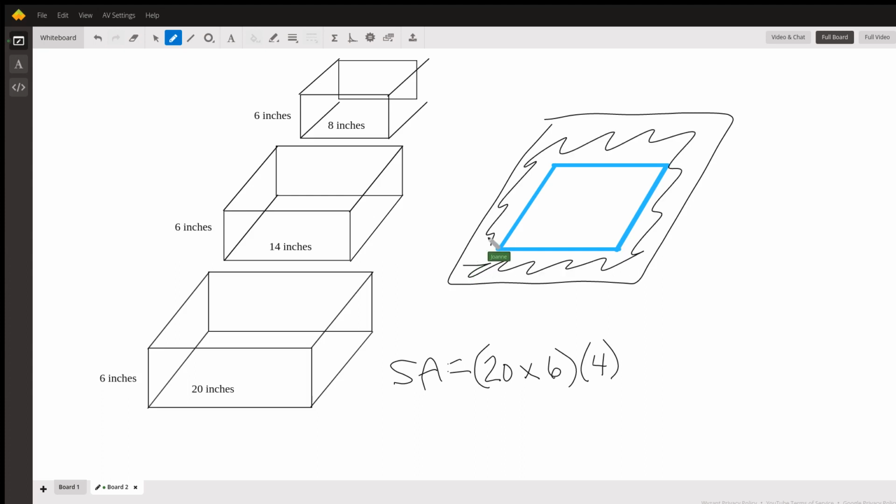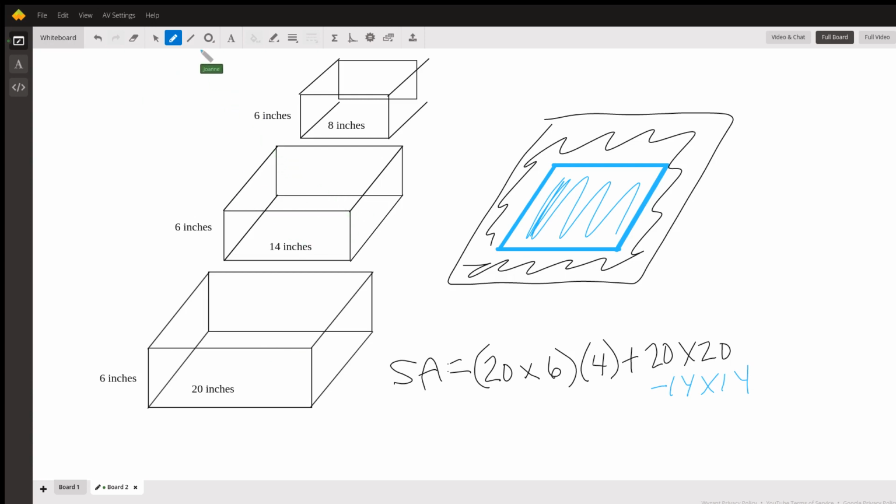The way to figure that out is the entire area, which is 20 by 20, and we're going to subtract from it this area here, which is 14 by 14. So I'm just going to draw that here, minus 14 by 14. That's the surface area of this bottom tier.